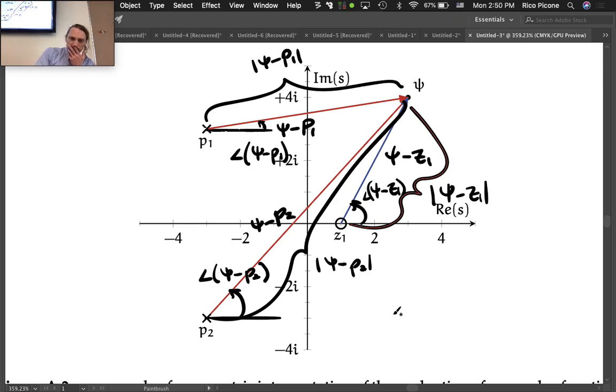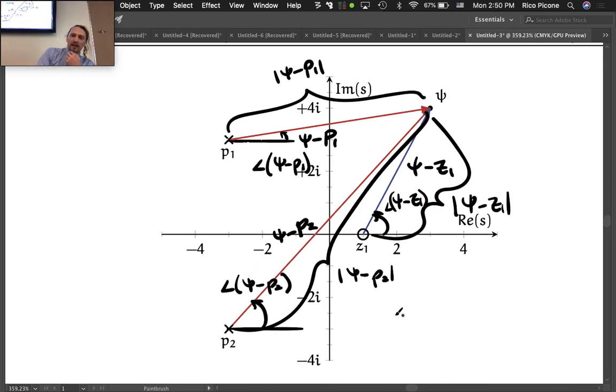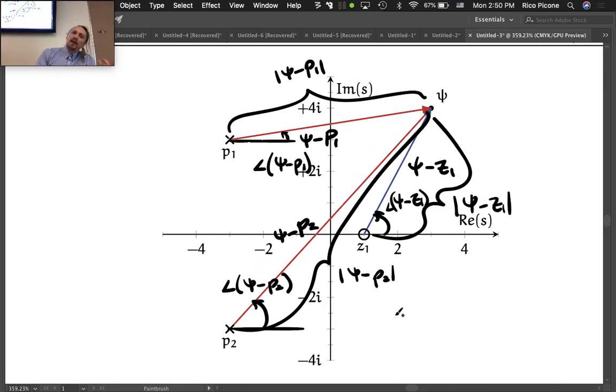So what we've got here are the lengths of these. The length of this one divided by the lengths of these, multiplied by K, gives us the magnitude. And then the phase is just this phase minus this phase minus this phase.